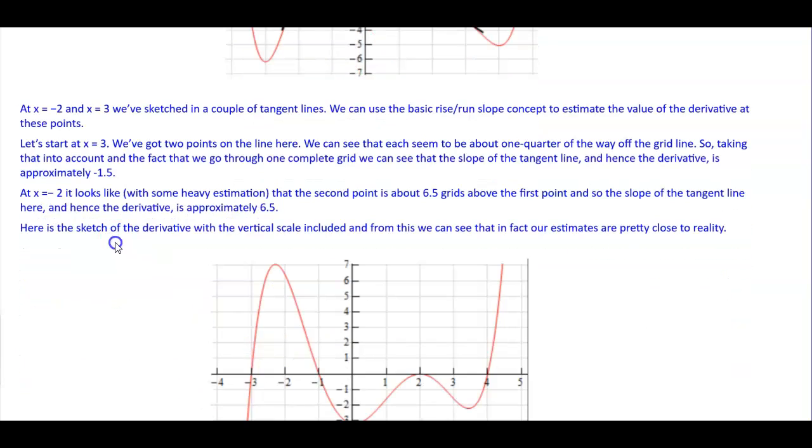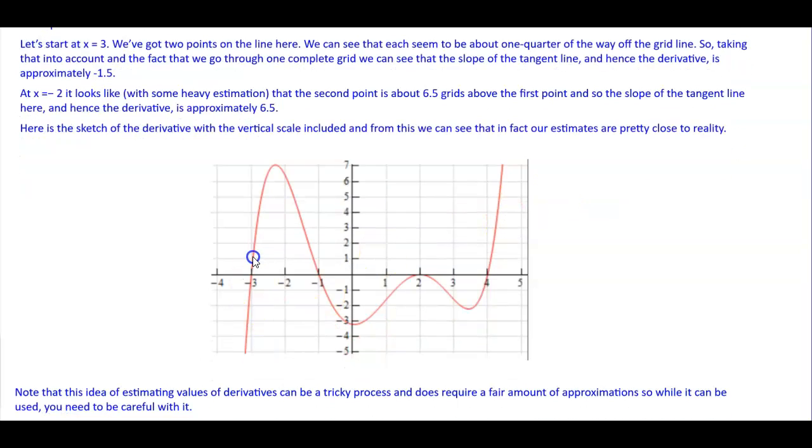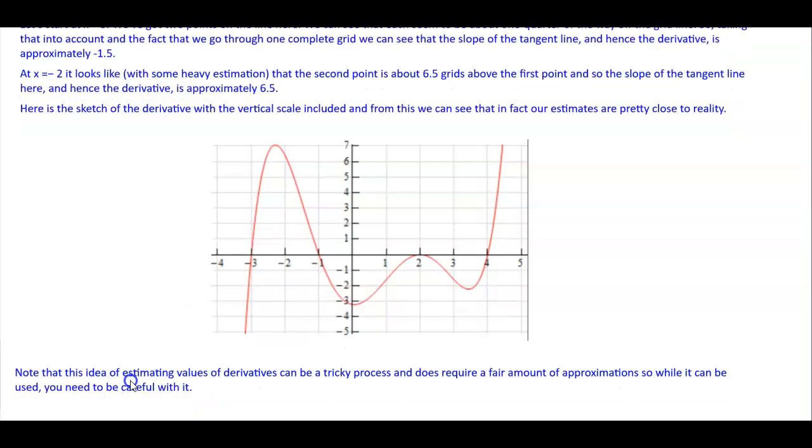So here is the sketch of the derivative with the vertical scale included, and from this we can see that in fact our estimates are pretty close to reality. Now note that this idea of estimating values of derivatives can be a tricky process and does require a fair amount of approximations, so while it can be used, you need to be careful with it.